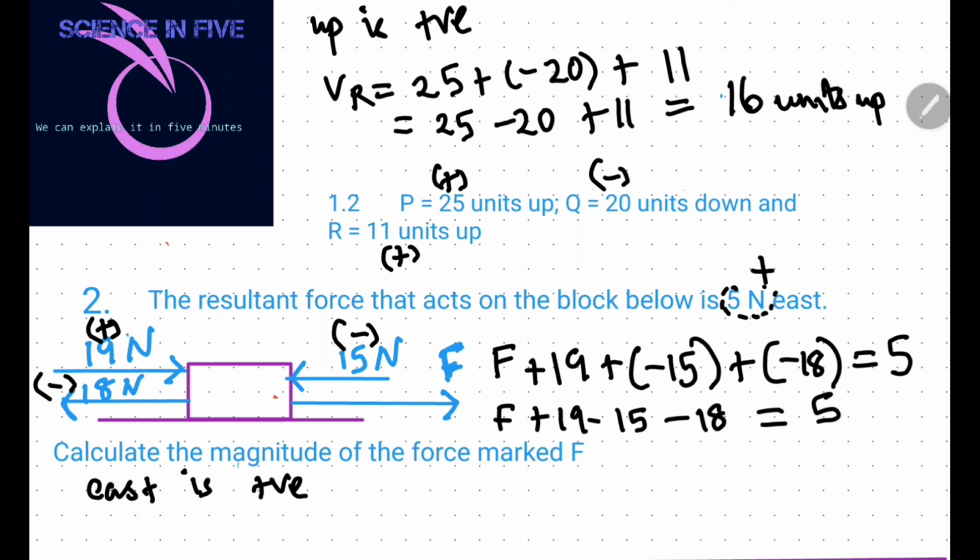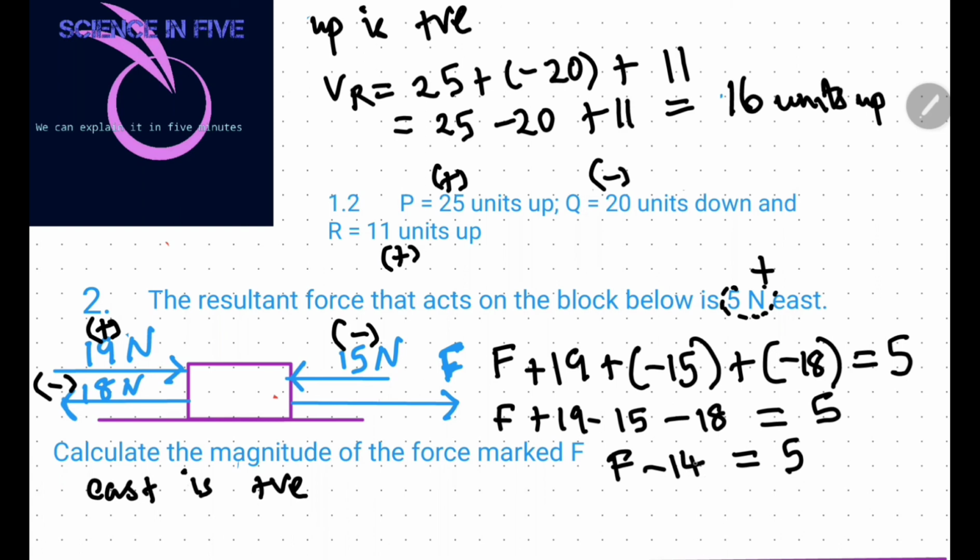What's 19 minus 15? 19 minus 15 is 4, right? What's 4 minus 18? 4 minus 18 is negative 14. So F minus 14 is now equal to 5. What must I do here? I need to get rid of the negative 14.